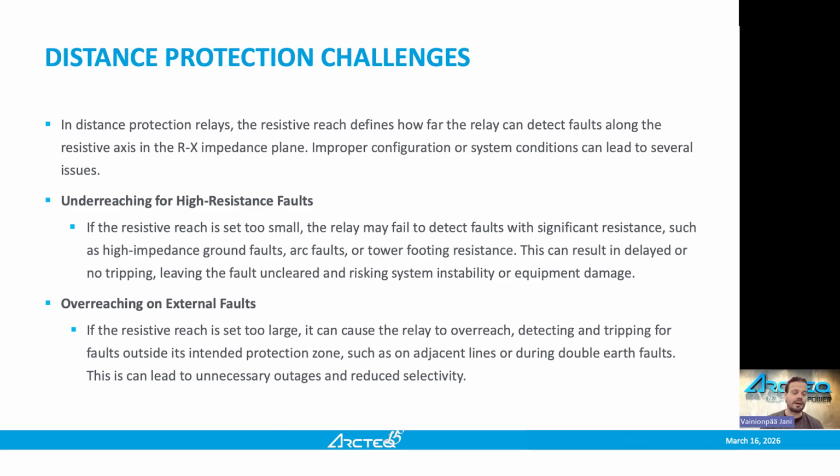On the other hand, if the resistive reach is set too large, it can cause the relay to overreach, detecting and tripping for faults outside its intended protection zone. Such tripping can come from adjacent lines or during a double earth fault.